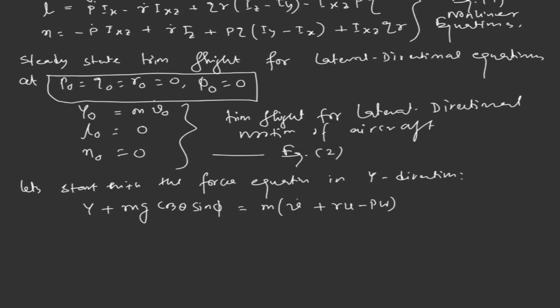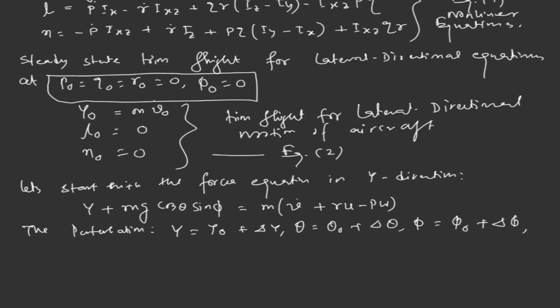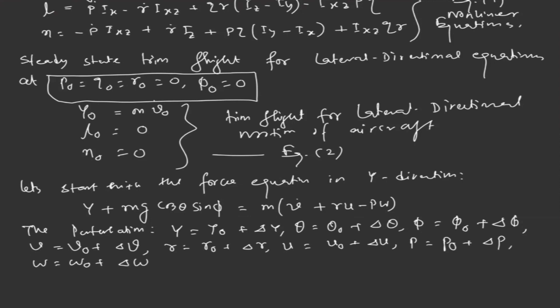So if we apply the perturbations, we can write Y equals Y0 plus delta Y, theta equal to theta0 plus delta theta, phi equal to phi0 plus delta phi, and V0 plus delta v, and r equal to r0 plus delta r, and u equal to u0 plus delta u, p equal to p0 plus delta p, and w equal to w0 plus delta w.